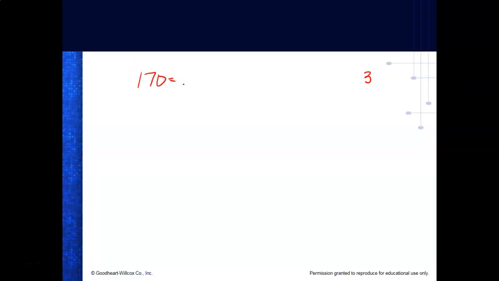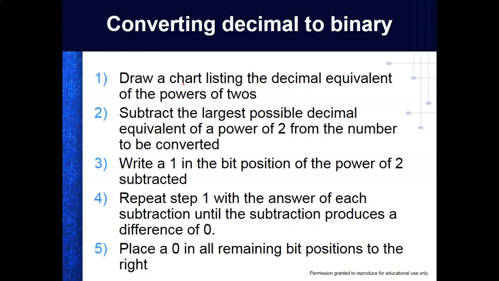Okay. So what we'll do is draw a chart listing the decimal equivalents of the powers of twos. We'll subtract the largest possible decimal equivalent of a power of 2 from the number being converted. We'll write a 1 in the bit position of the power of 2 subtracted. We'll repeat this until we reach 0.